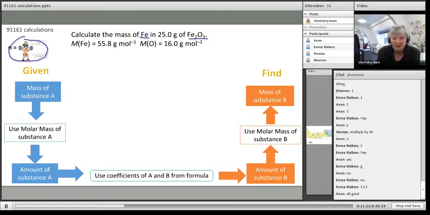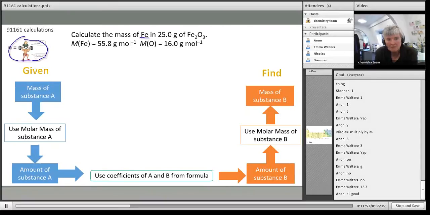Okay, so first of all, write what you've been given, and I'll change these in a different color. Sorry about that. Right, so if I do the Fe in blue, what am I given?